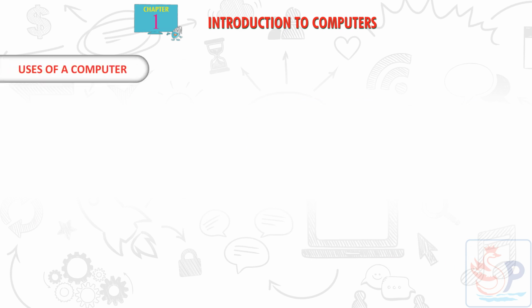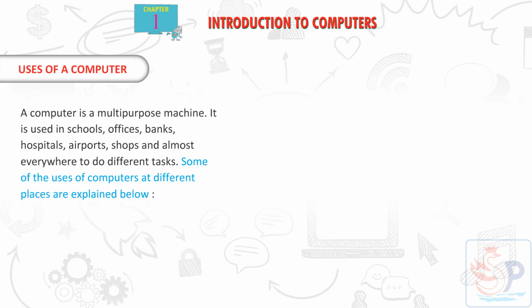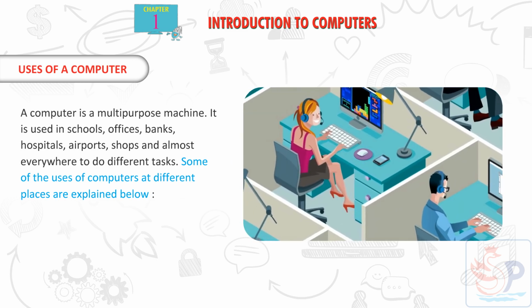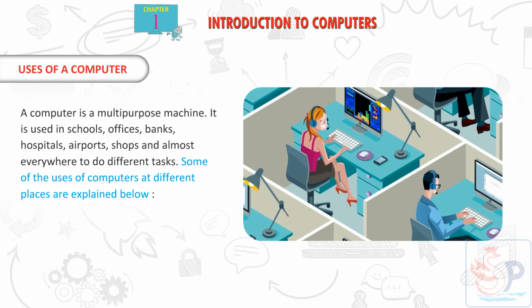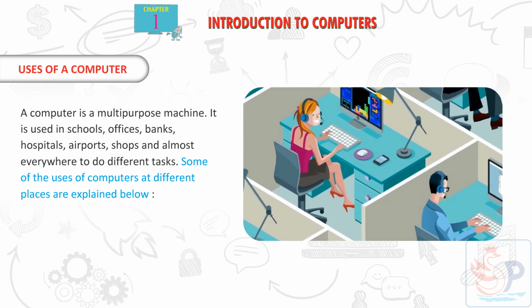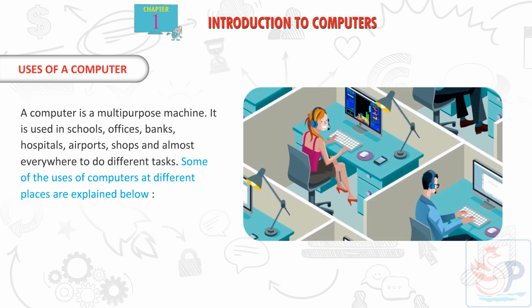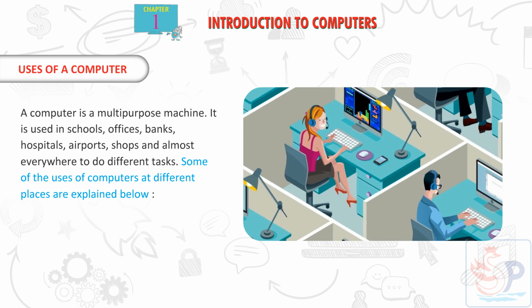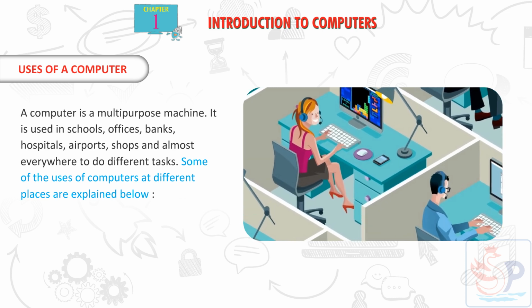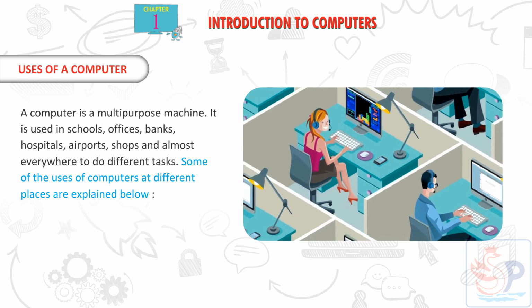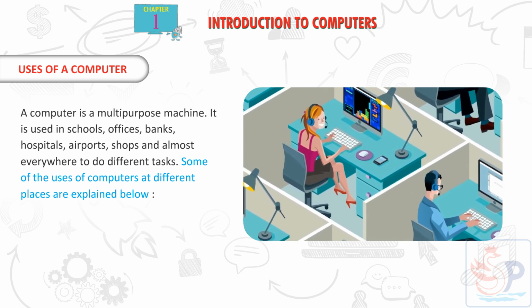Uses of a computer. A computer is a multi-purpose machine. It is used in schools, offices, banks, hospitals, airports, shops, and almost everywhere to do different tasks. Some of the uses of computers at different places are explained below.